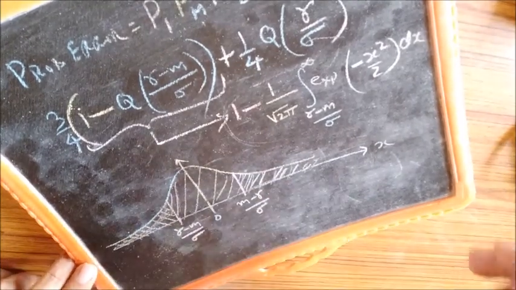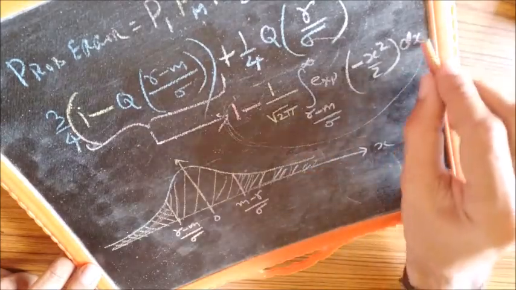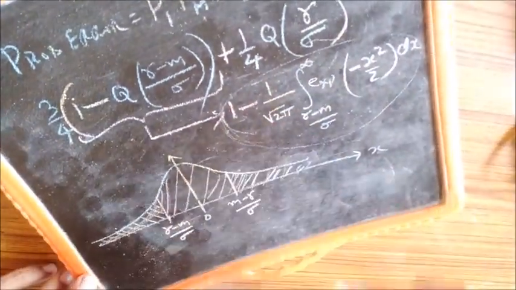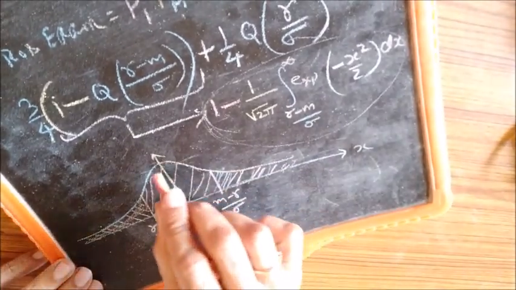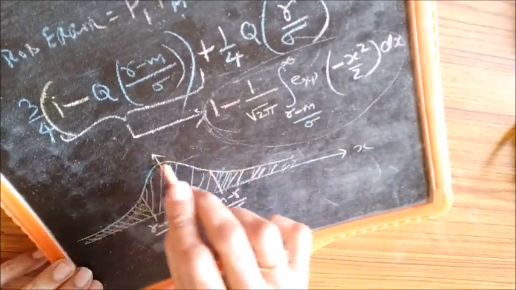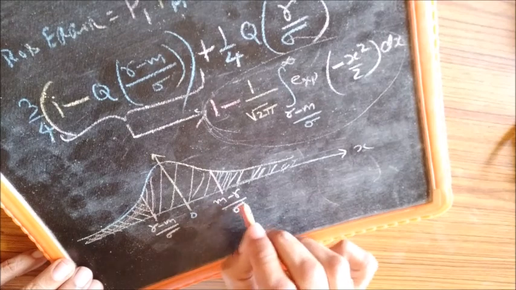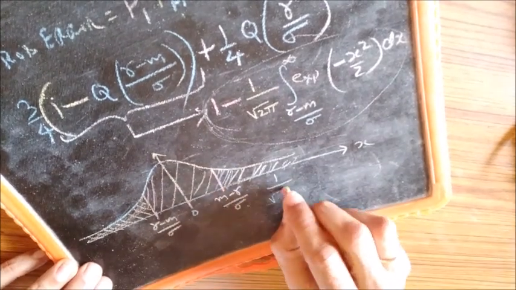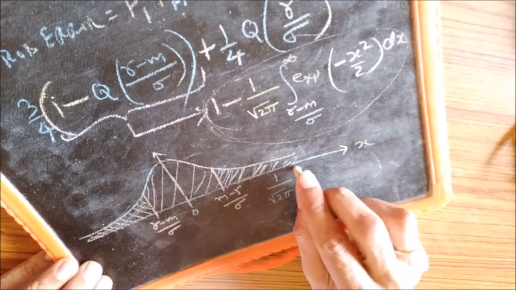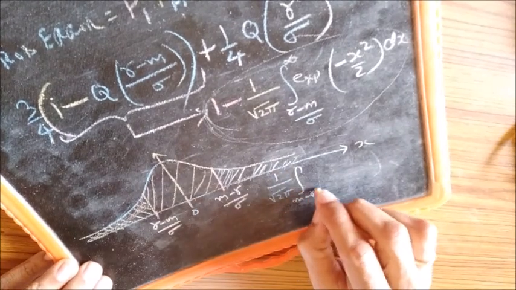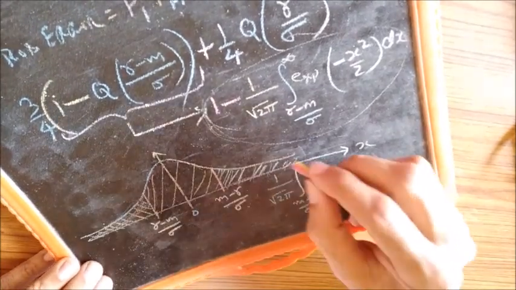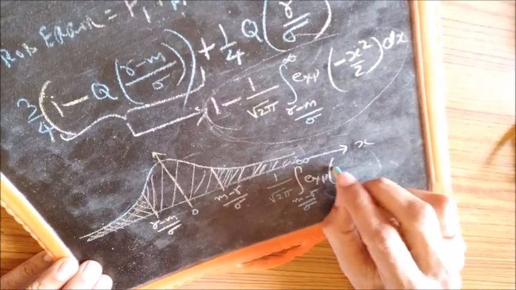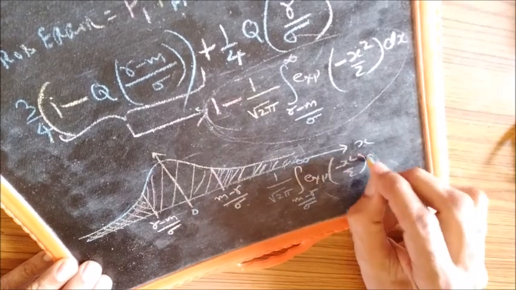Which means that instead of writing it like this, we can write it as the area under this PDF from m minus gamma by sigma to infinity. That is nothing but 1 by root of 2 pi integral from m minus gamma by sigma to infinity of e power minus x square by 2 dx.